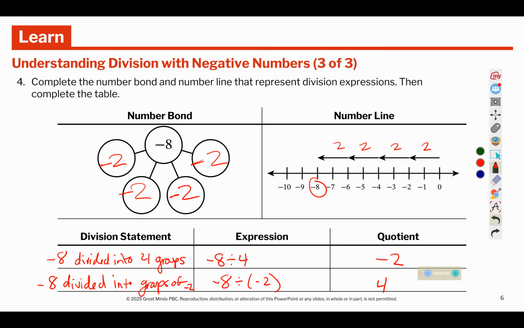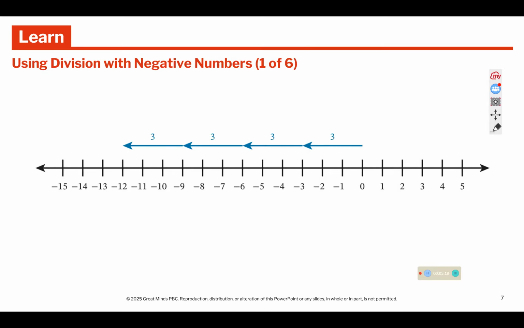Now let's come up with a hypothesis or a conjecture. If you're dividing a negative and a positive together, in this case we ended up with a negative result. When I divided a negative and another negative, I resulted with a positive answer. Here's another picture. This one I have 4 groups of negative 3 is negative 12.